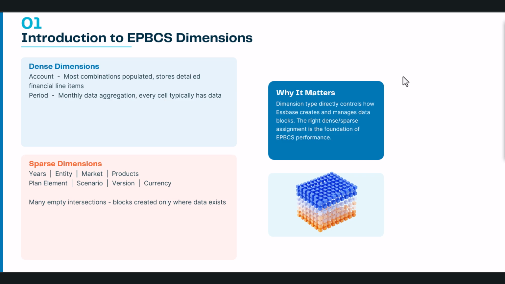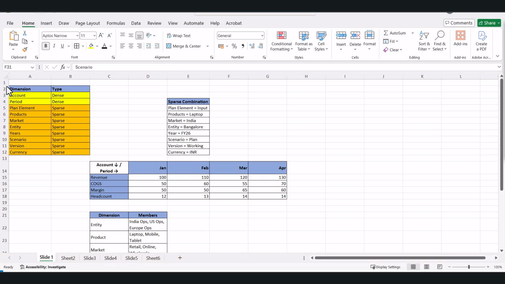This decision directly controls how Essbase uses memory, how it stores your data, and how fast your calculation runs. Let's start with the dense side. In this application, we have two dense dimensions, account and period. As you can see, I have highlighted account and period as dense.